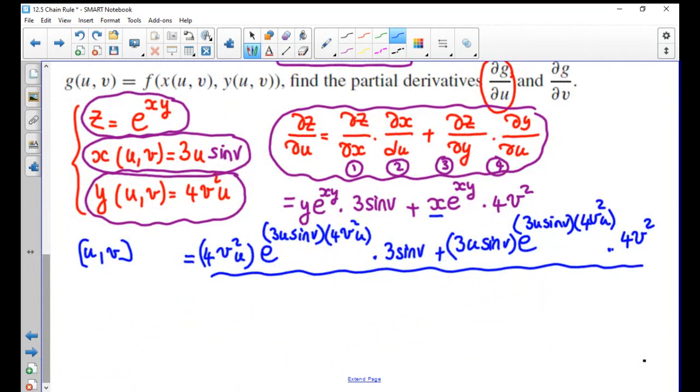I will not do it, but they're asking us also to do dz over dv. I will just write the rule here.